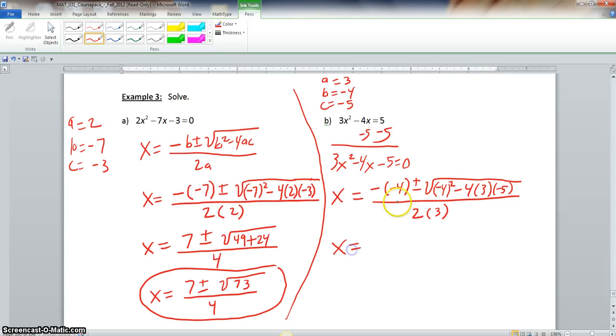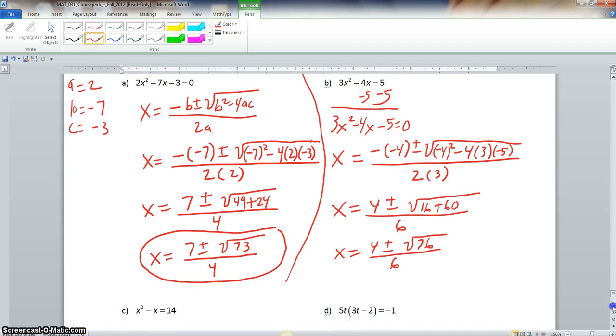So we have x is equal to, this will give us positive 4 plus or minus the square root of, this will be 16. A minus 4 times 3 is a minus 12, times the negative 5 will give us a positive 60, all over 6. Now, we will have 4 plus or minus the square root of 16 plus 60 is 76, all over 6.